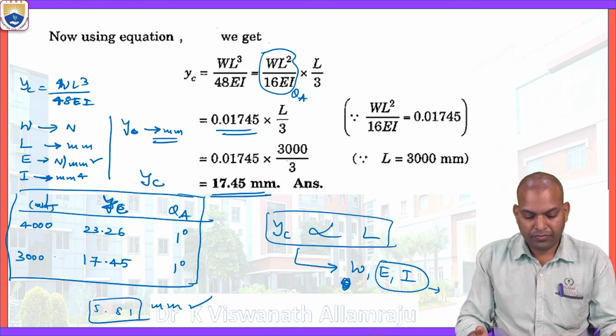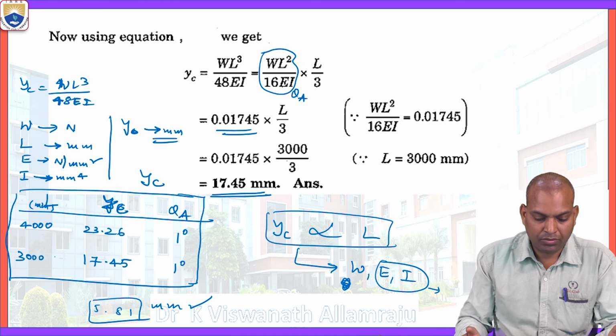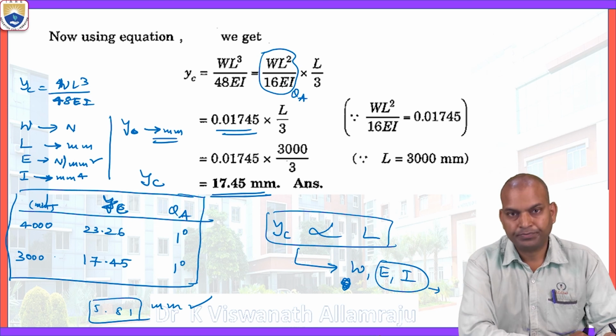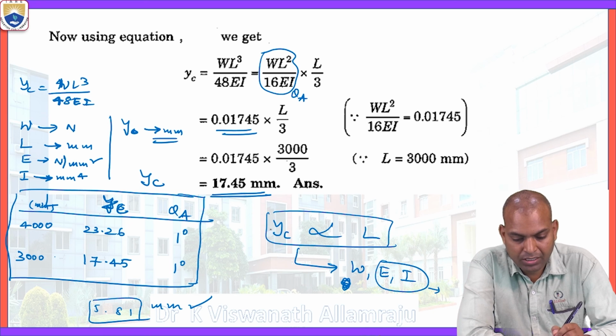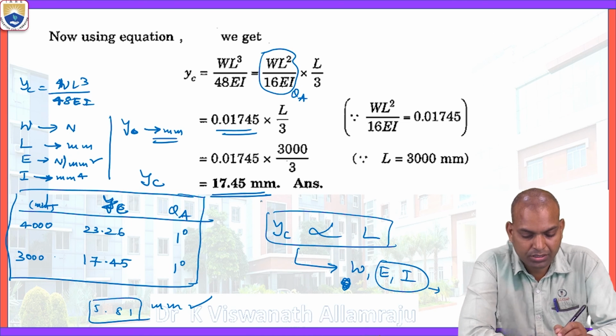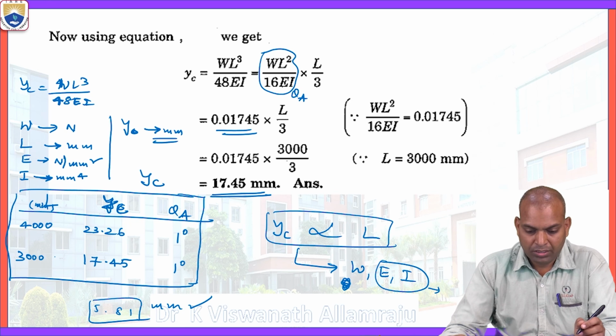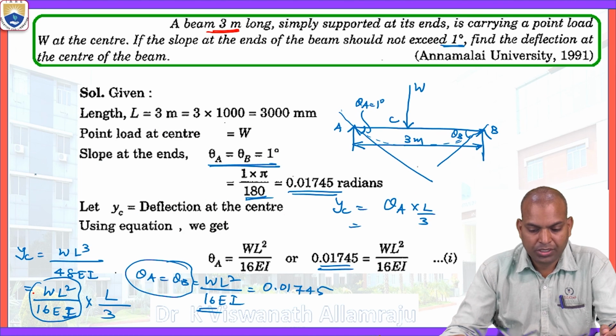In that manner, we have to substitute the values. Otherwise, the value definitely goes in the wrong direction. So these are the problems we solved in this session.